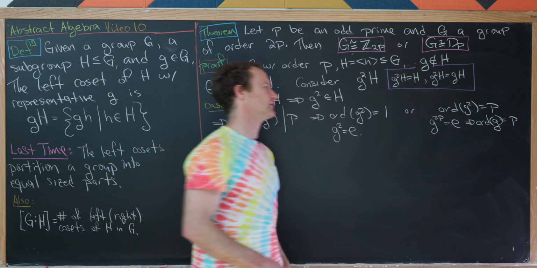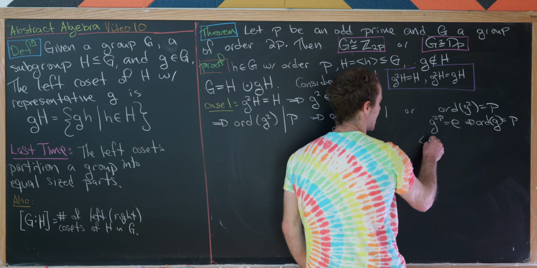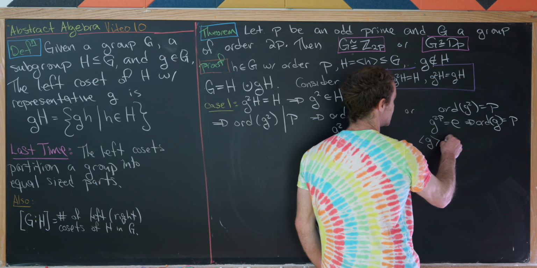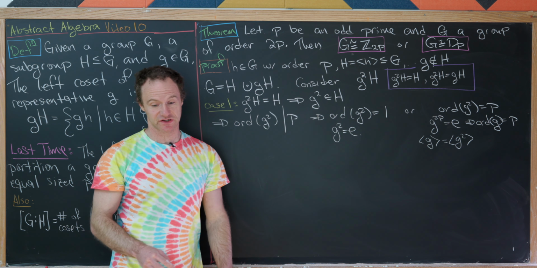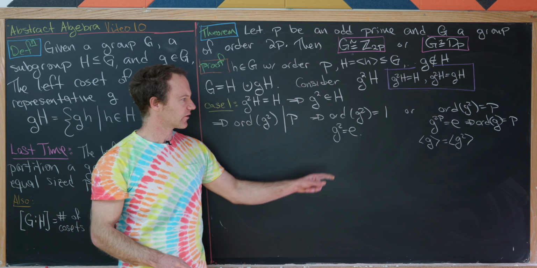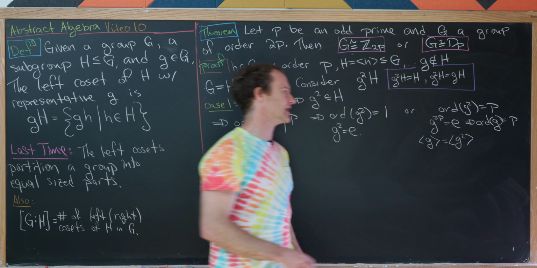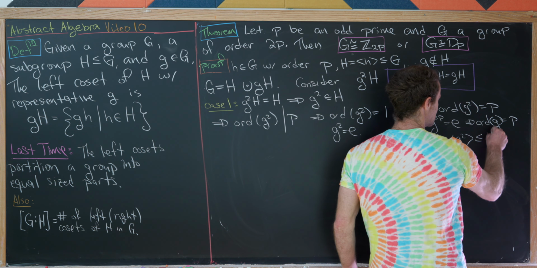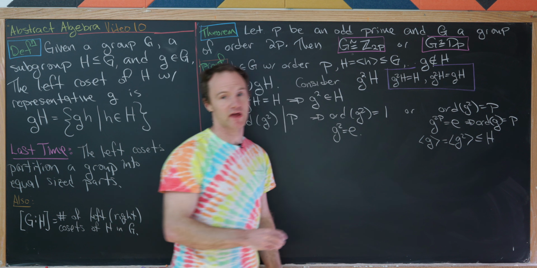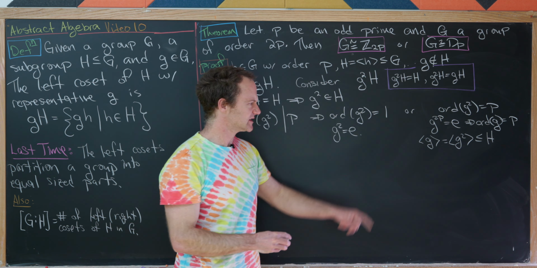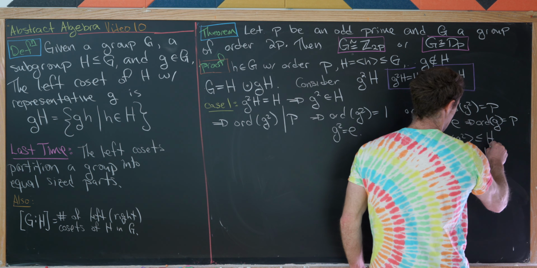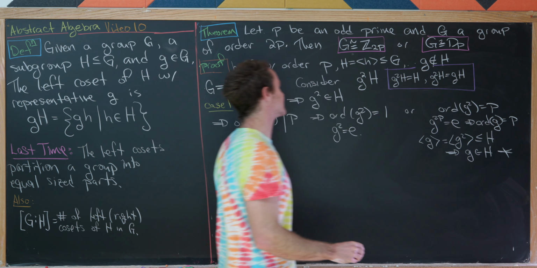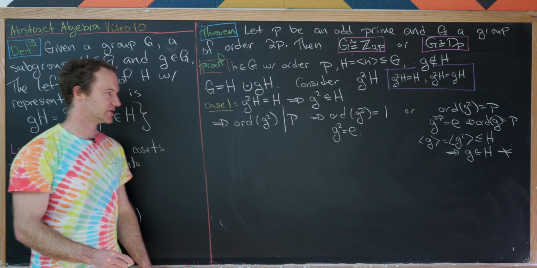But then if the order of G is equal to P, then G generates the same cyclic subgroup as G squared. And furthermore, G squared is inside of H, which means that this is a subgroup of H. But if that's a subgroup of H, then that means that G was inside of H. But that's our contradiction because we assumed that G was not in H.